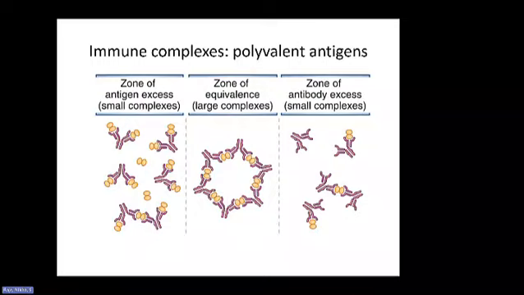If there is too much antibody, they will compete for the antigen, so a lot of antibody will not be able to bind the antigen, and again a bigger complex is not formed. So there is something called the zone of equivalence, where the antigens can bind to multiple antibodies using epitopes that are present in equivalent amounts, and that gives rise to larger immune complexes.